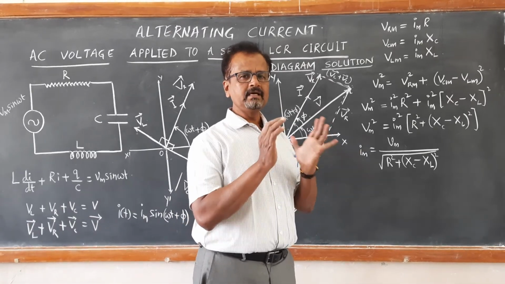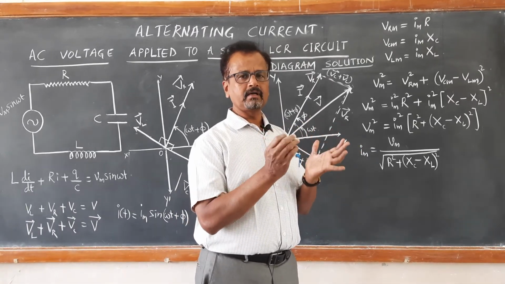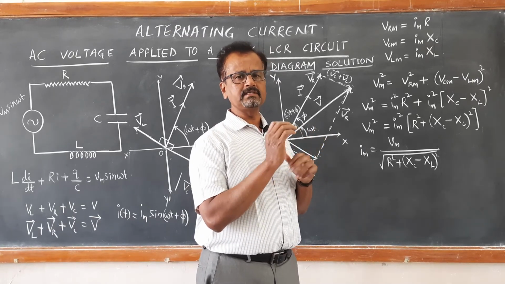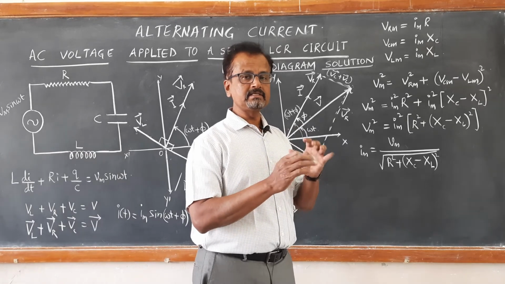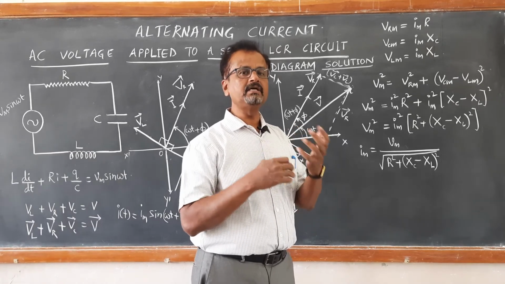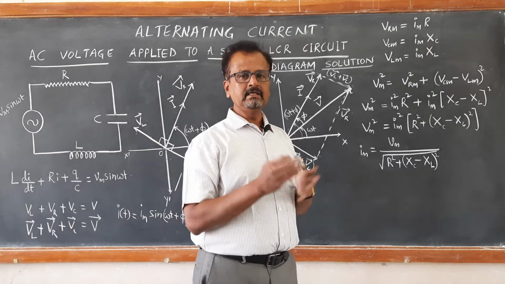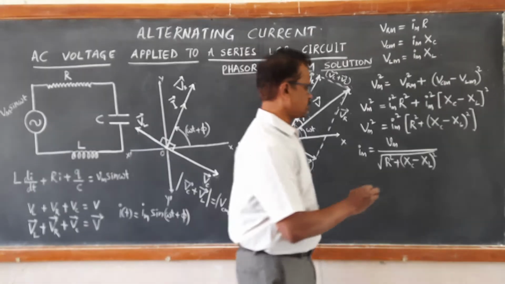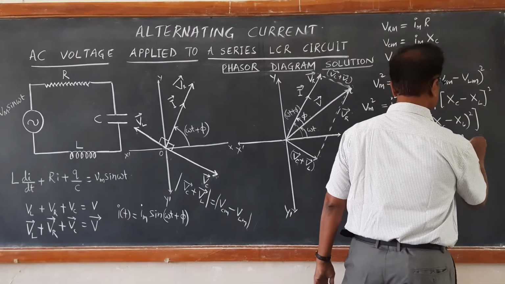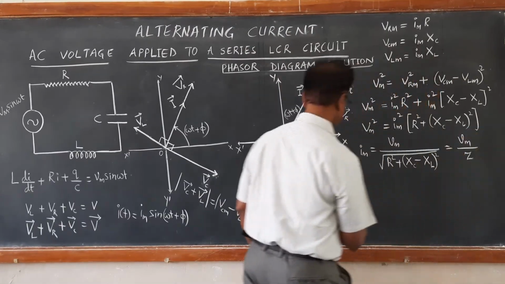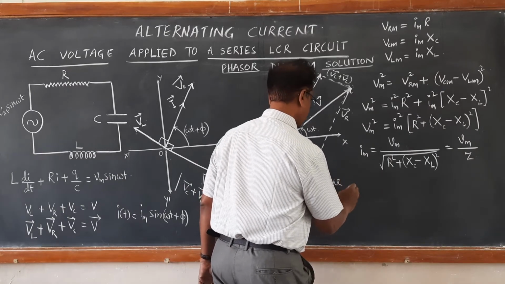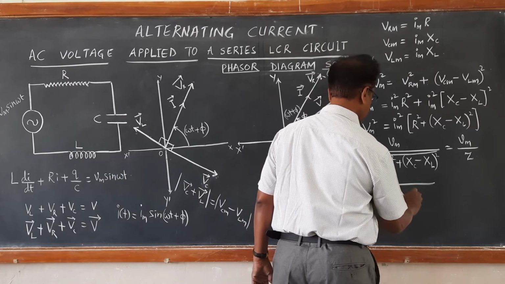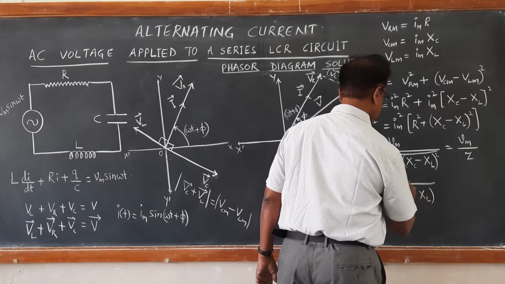So when there is a combination of resistor, inductor, or resistor capacitor, or resistor inductor capacitor, then the resulting opposition to the flow of alternating current is usually termed as impedance and is denoted by Z, where Z is equal to the square root of R square plus XC minus XL whole square.